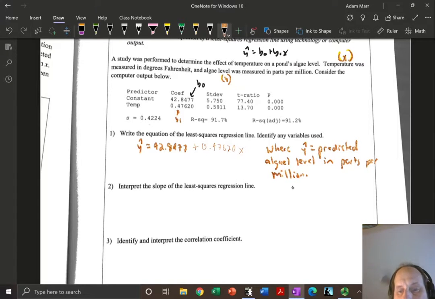And x is going to equal the temperature in degrees Fahrenheit. This is the actual temperature. Okay, that's it right there.